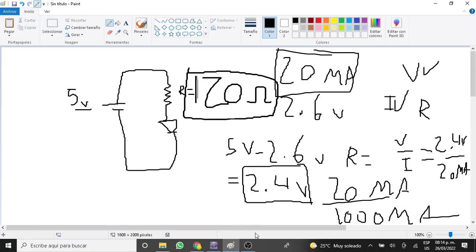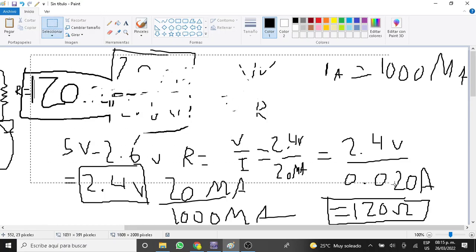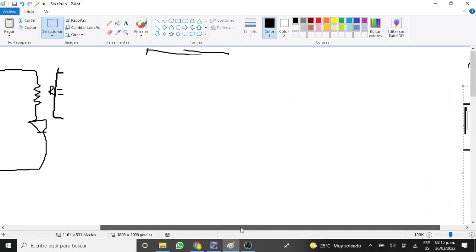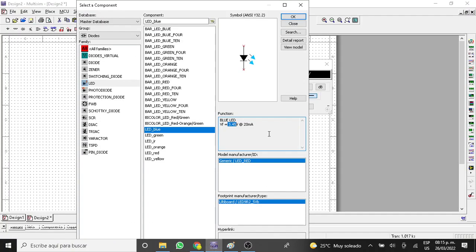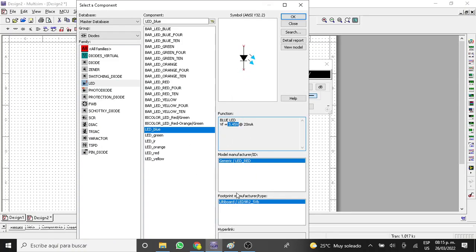In this calculation, we are using this value, 2.6 volts, but if we want to calculate the resistance for this kind of LED, we are going to calculate again the resistance for this type of LED.